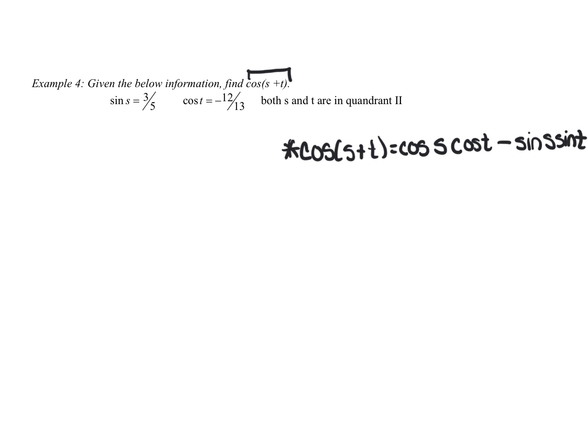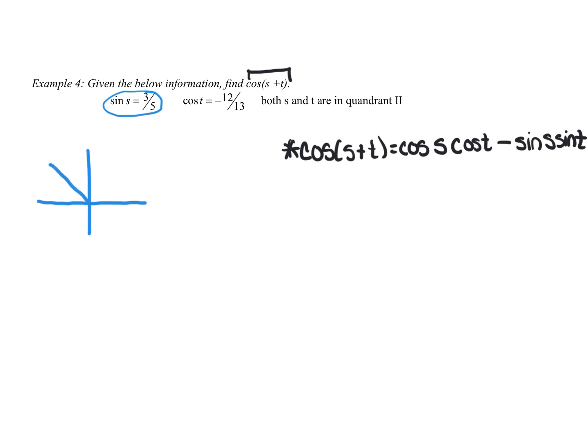And then you're going to say to me, so where do I get the numbers from? So let's go over here. I'm going to call the S stuff blue stuff. So I'm going to draw the triangle they gave me, or the information they gave me. They tell me that sine is 3 over 5, and they tell me that both of these S and T things are in the second quadrant.